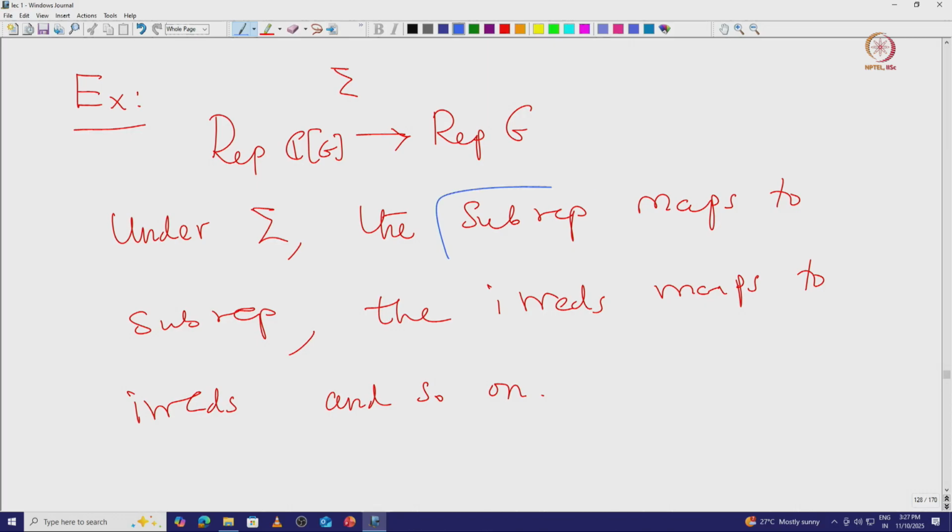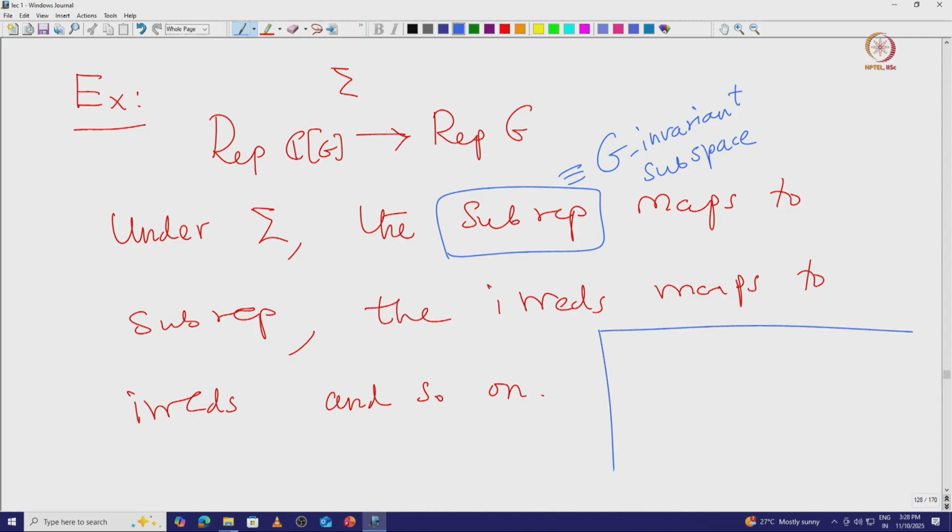Different books use different terminologies, so it is good to record the equivalent terminologies: a subrepresentation is the same as a G-invariant subspace.